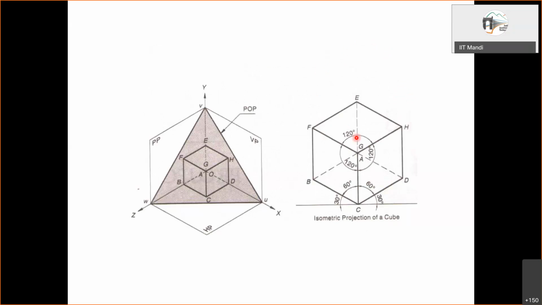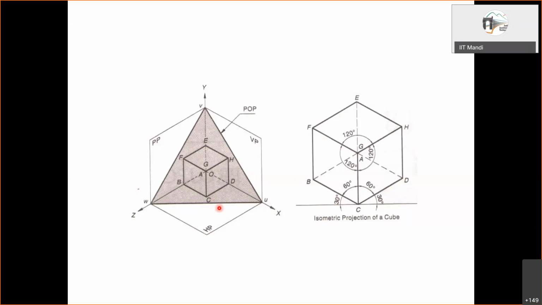What has been done here? You see, here we have a vertical plane, a horizontal plane, and a profile plane, and all three are mutually perpendicular, of course. Wherever all three planes intersect, that is marked as O, and at this O one of the corners of the cube has been placed.